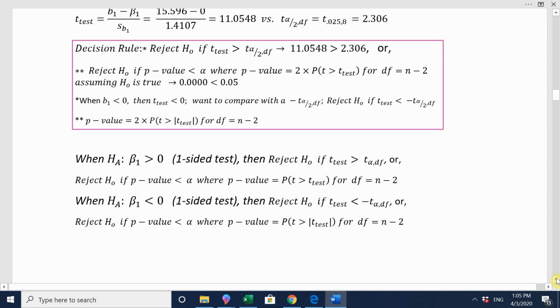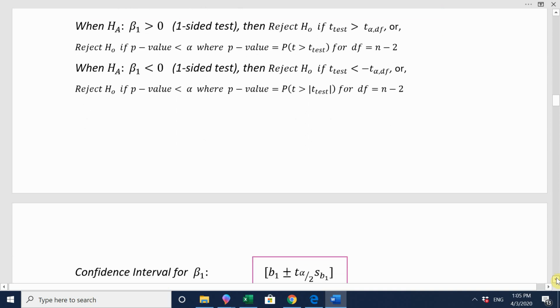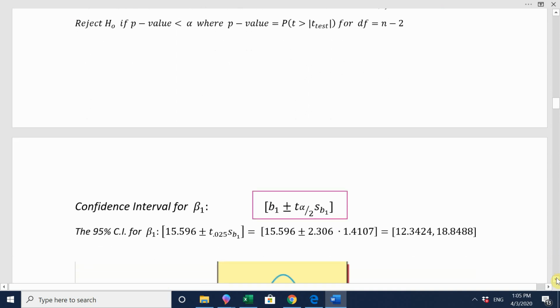Then we look at another option, and that is building a confidence interval for beta 1, the population slope. The interval is based on the point estimate slope that we're getting from our sample observations. So we get a sample slope B1, and around it we build an interval.